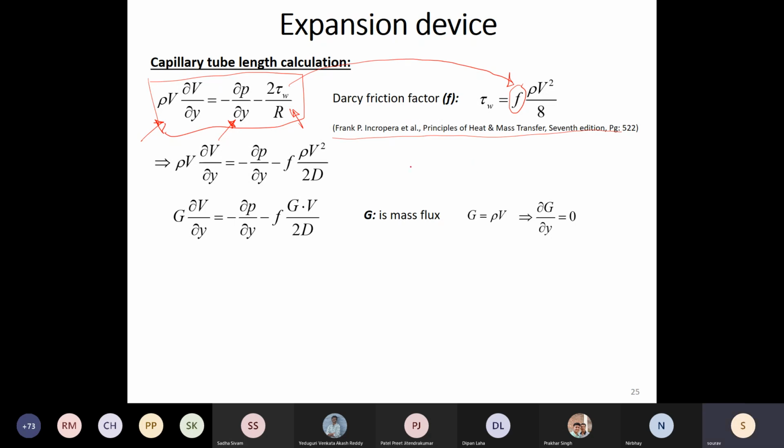Okay. So now one important thing to notice, this capillary tube has a constant area, so area is not changing. So what we can say is rho into V is constant from the continuity.